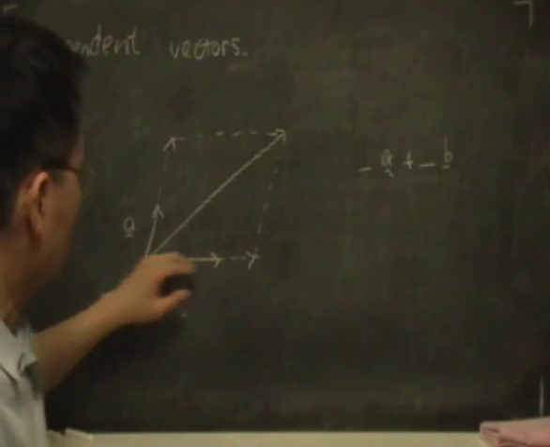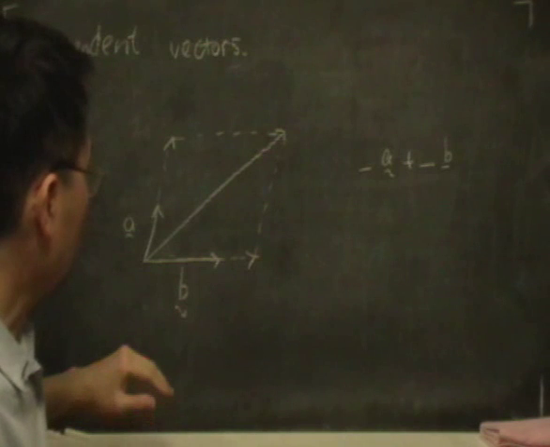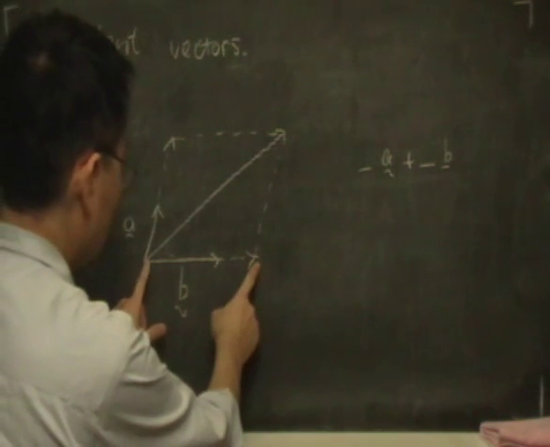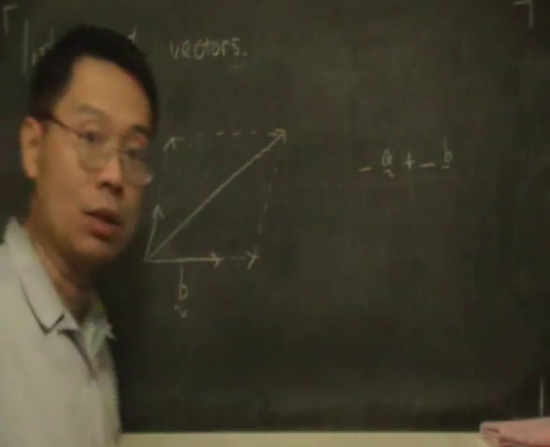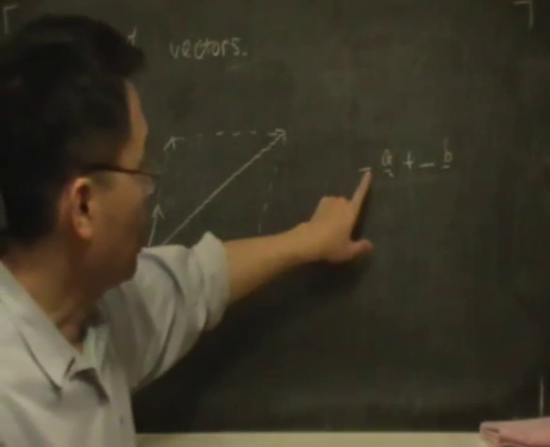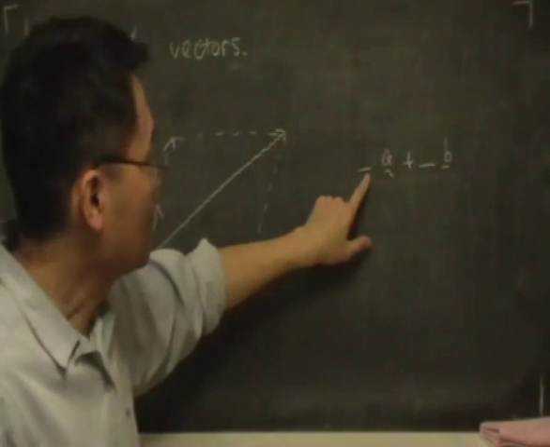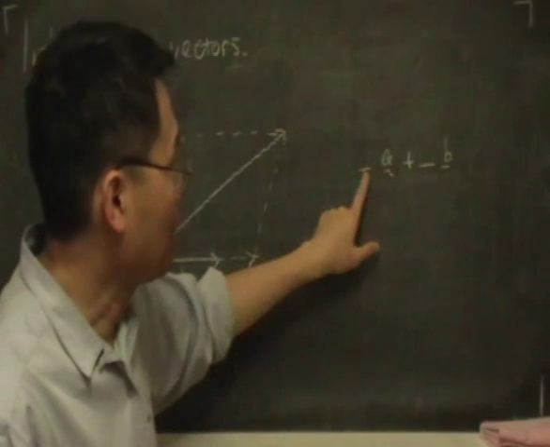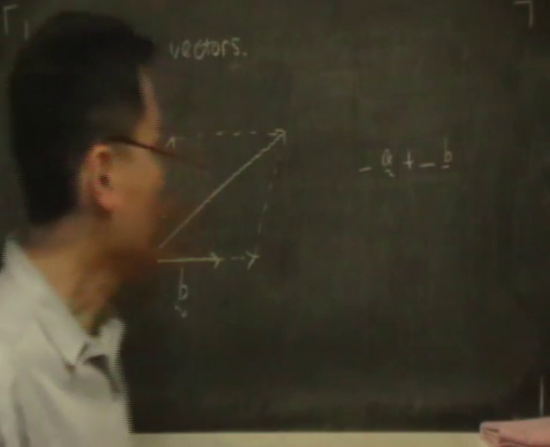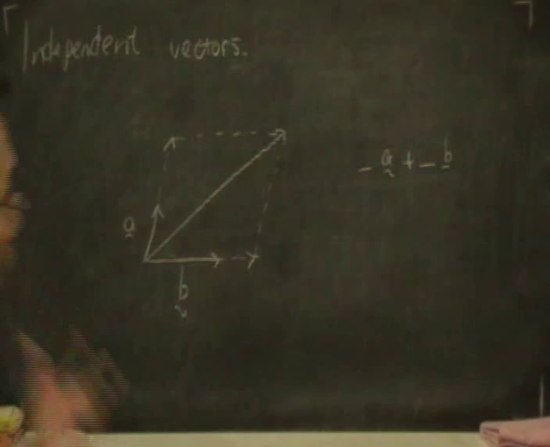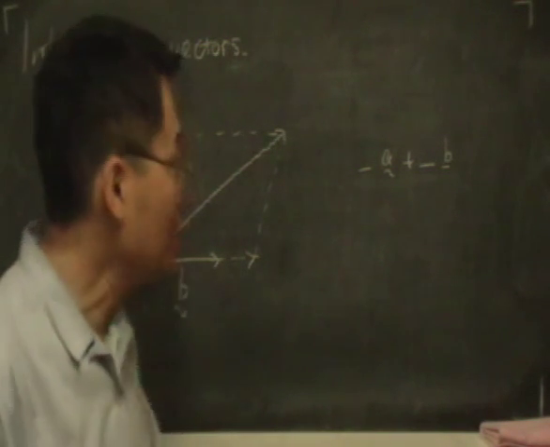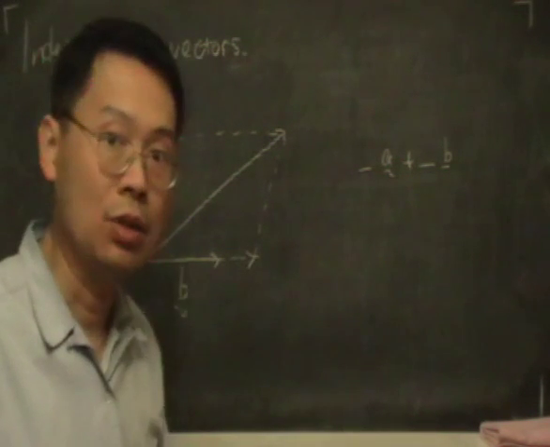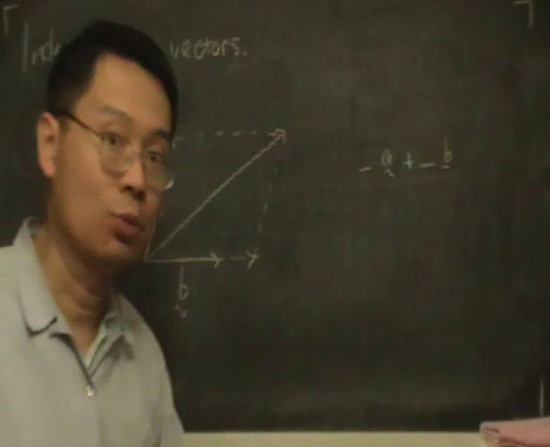Therefore, you have a definite length for each of these sides along B and along A, and therefore you will be able to find definite numbers to multiply by the A and by the B. So in this way we can combine A and B in order to get any vector we like.